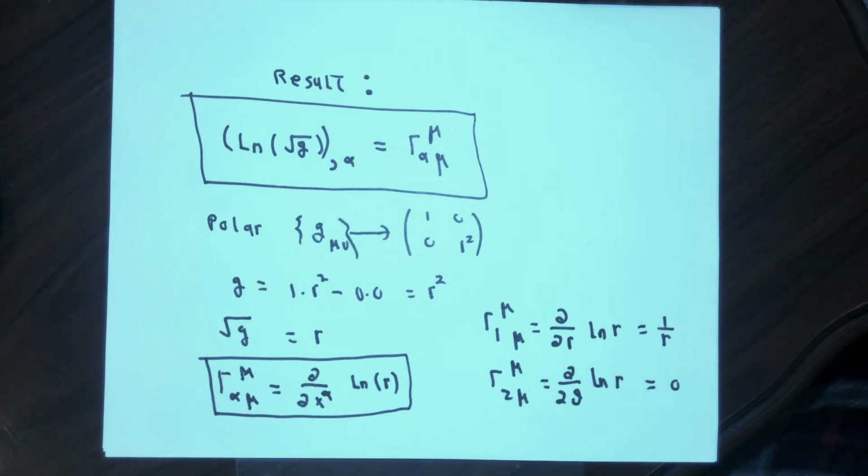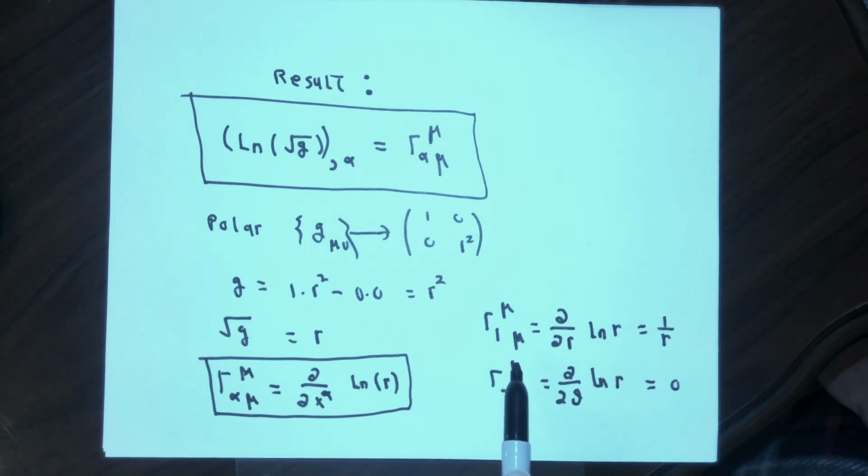if I'm in polar coordinates, and I assume that the r is positive, non-negative anyway, so that square root of g is r, then gamma mu alpha mu is the partial derivative with respect to coordinate number alpha of the natural log of radical g, natural log of r.